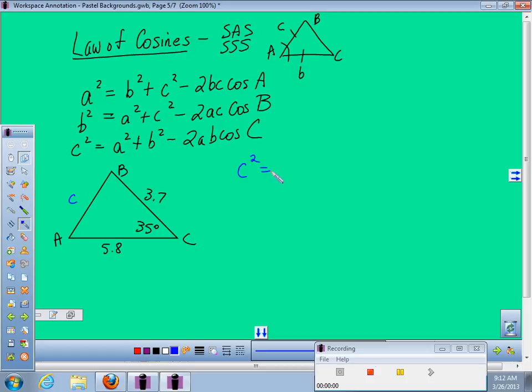You really don't even have to look at the formula. What numbers are you going to be squaring here? You have to use the other two sides they gave you, so 3.7 squared and 5.8 squared. That's all you've got. Minus 2 times 3.7 times 5.8, and cosine of, once again, what's the only angle you've got? 35.